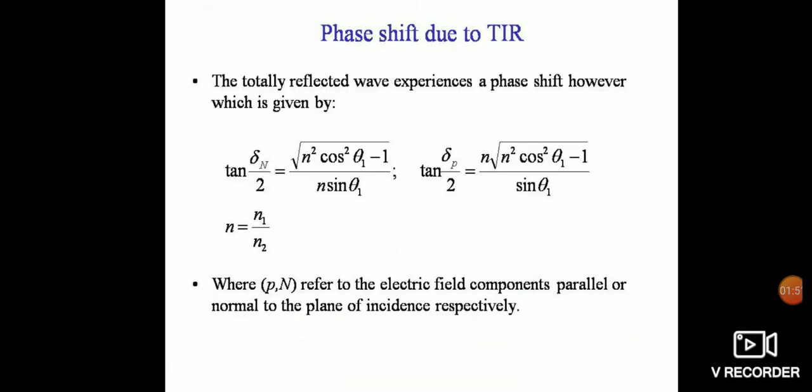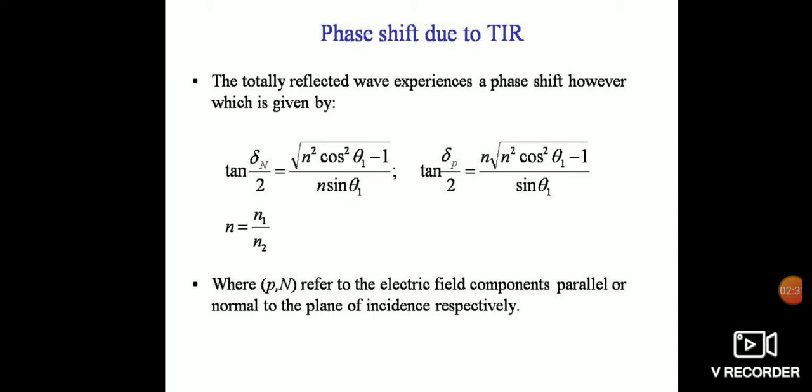Now the phase shift due to total internal reflection, we can find with this formula. The totally reflected wave experiences a phase shift, which is given by tan(delta_N/2) is equal to under root n square cos square theta 1 minus 1 upon n sin theta 1, and tan(delta_P/2) is equal to n under root n square cos square theta 1 minus 1 upon sin theta 1.